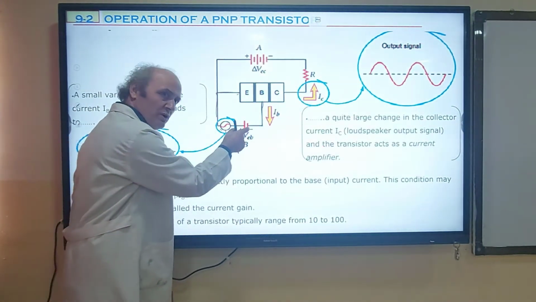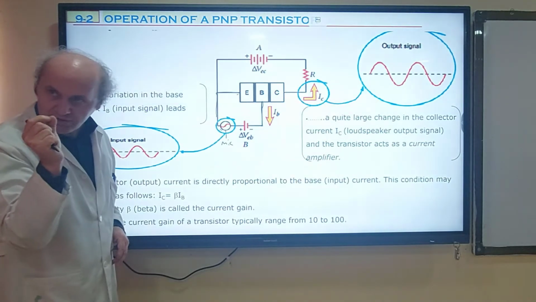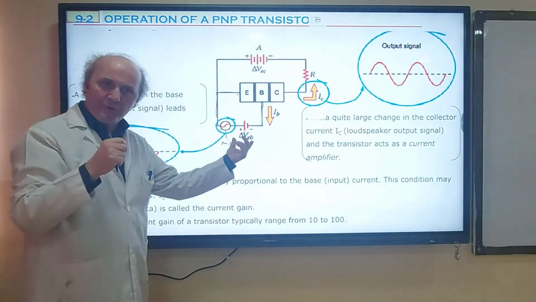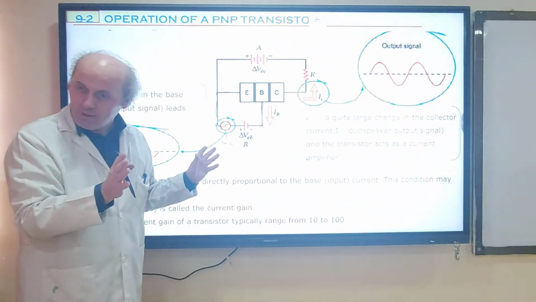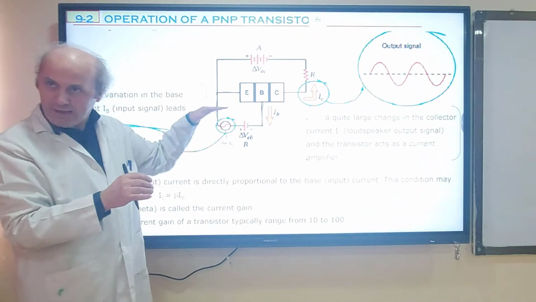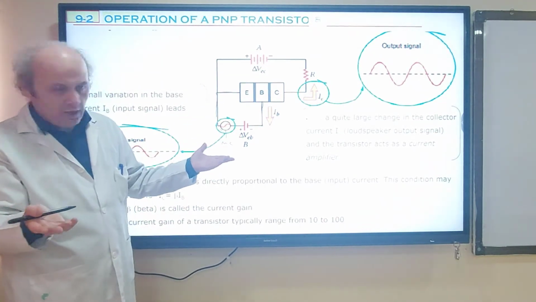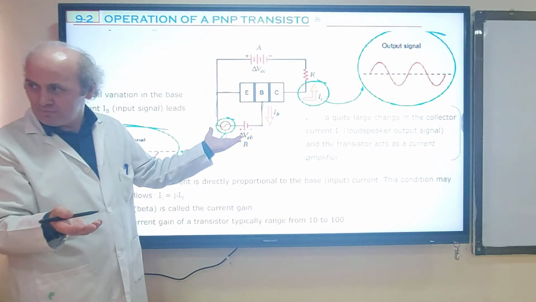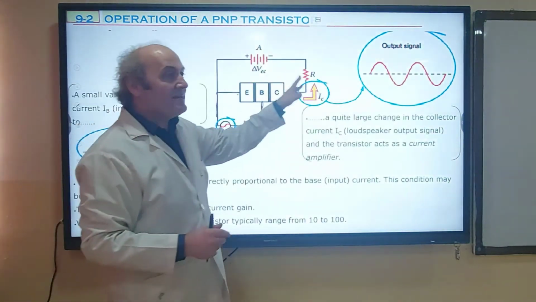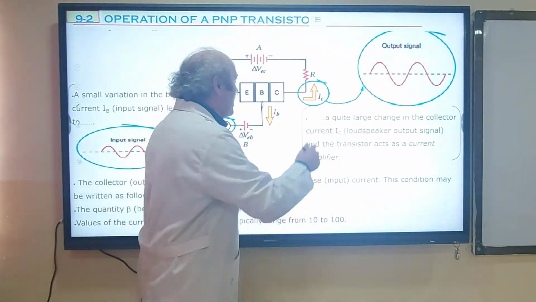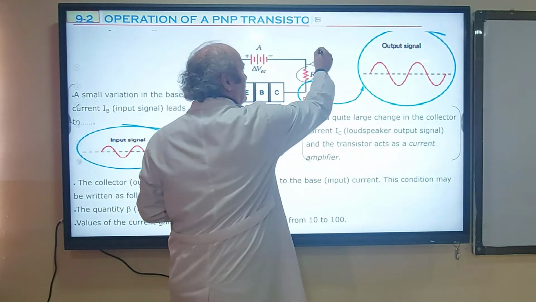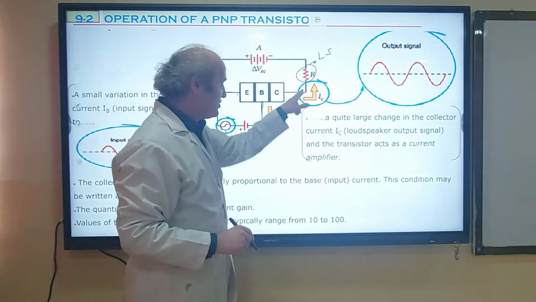This is representing the microphone, and the microphone, which is the input device, must be connected between the base and emitter. Of course, the input device will have its own potential, a battery, which is a low potential battery, because we need a signal. This signal will be produced by a battery, of course. And the second device is a loudspeaker. This resistor is representing the loudspeaker.